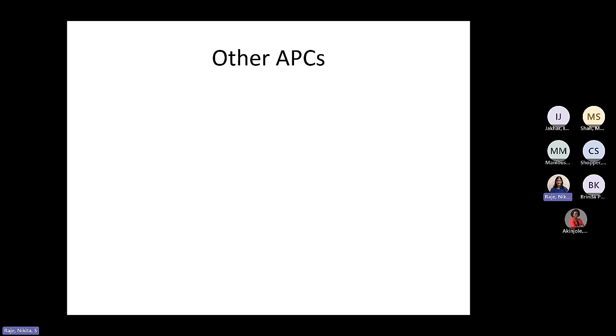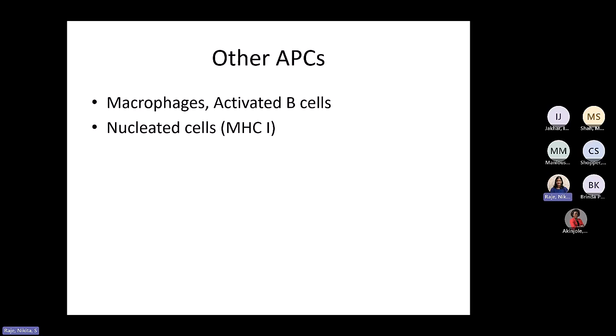What are the other professional antigen presenting cells? Those are macrophages and activated B cells. So 3 professional antigen presenting cells: dendritic cells, macrophages, and activated B cells. Other than these 3, there are other cells that present antigens, like all nucleated cells can present antigens using MHC class 1 for CD8 response.